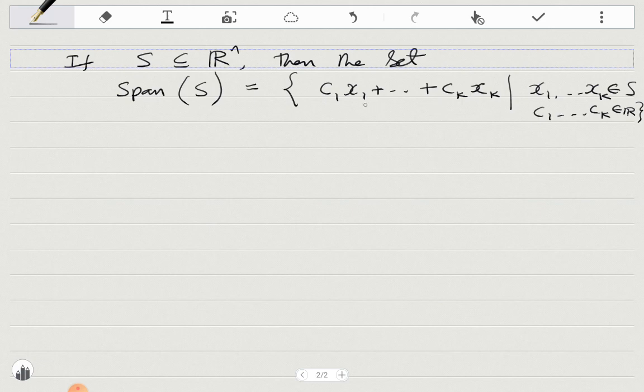I can take as many elements from S and then take linear combinations of those elements. Look at the totality of all such linear combinations.